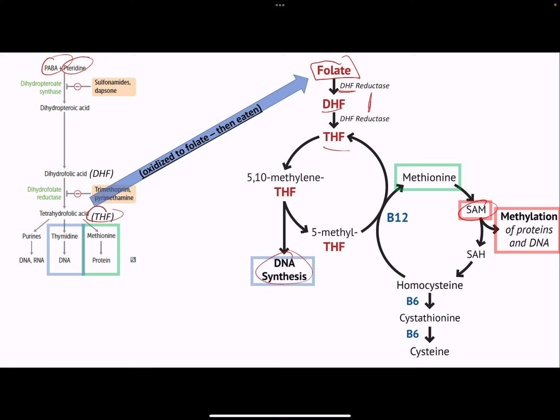You need to methylate DNA, cytosines and histones and whatnot, and ethanolamine needs to turn into choline. Lots of things we need to methylate, so that's important. The DNA synthesis part is the 5,10. So 5,10 methylene is good for the uracil to thymine. 5-methyl, if you see it, is good for the conversion of homocysteine to methionine.